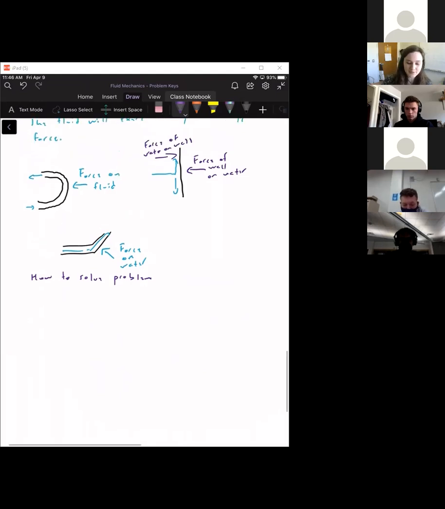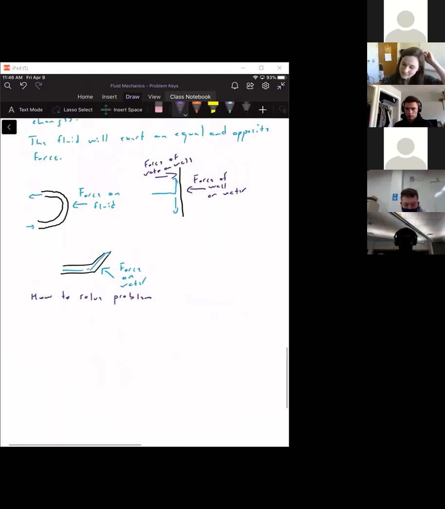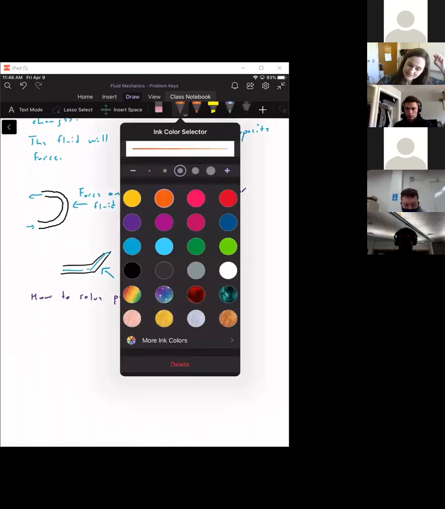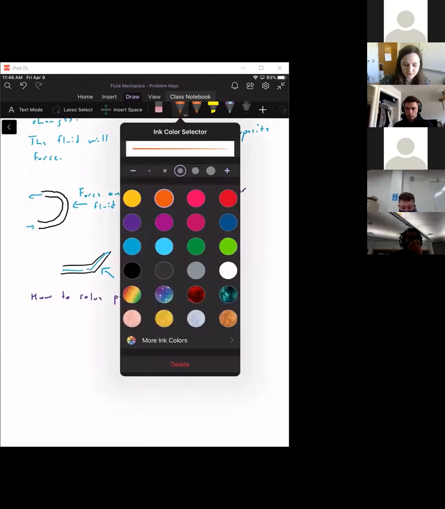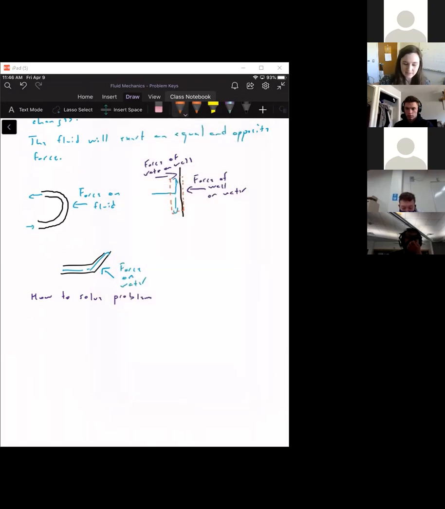So for example, if you do a balance on this volume like this, so that it includes this wall, there's some reaction force that's holding that wall in place to keep the water from pushing it over.